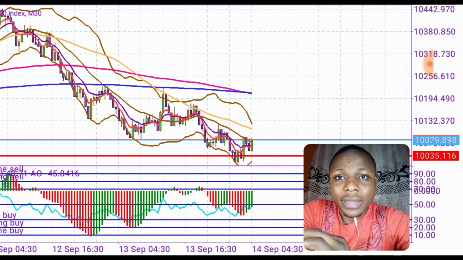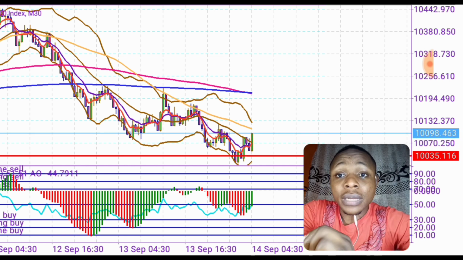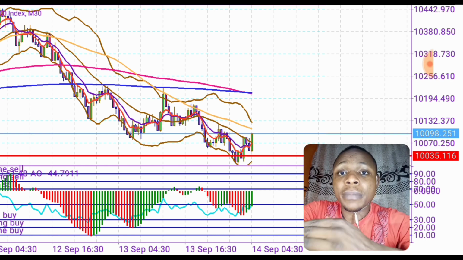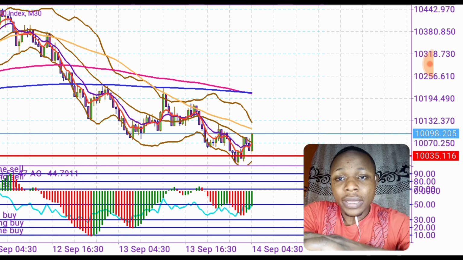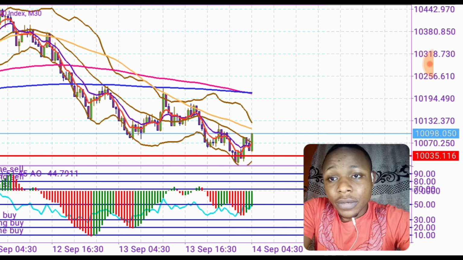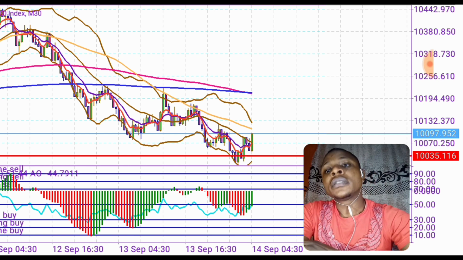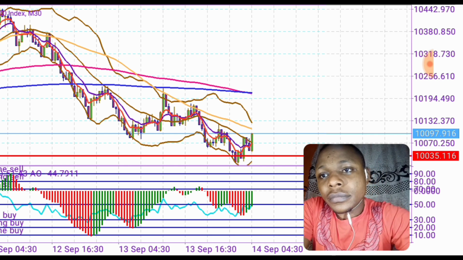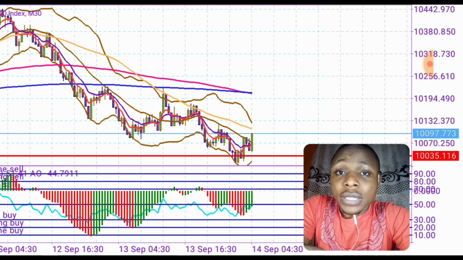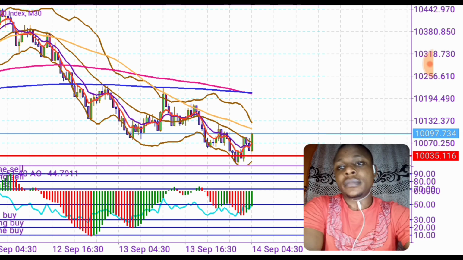As in, if I'm analyzing the market and it's giving me buy and sell, maybe the probability of sell and buy is almost at the same level, maybe 50-50, I don't enter trades at that kind of level. That's the first strategy. I don't know what name I will give to that one.